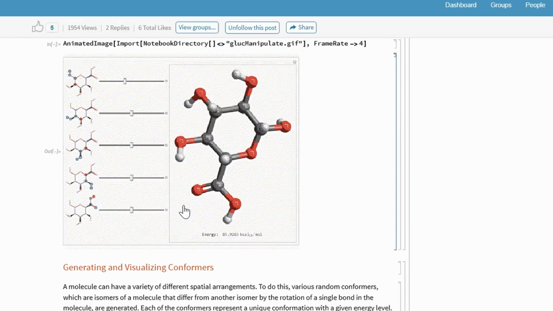the primary energy field that's used over here is called the Merck Molecular Force Field, and this force field is really versatile and reliable, particularly in modeling organic compounds. It has a really wide range of applications.